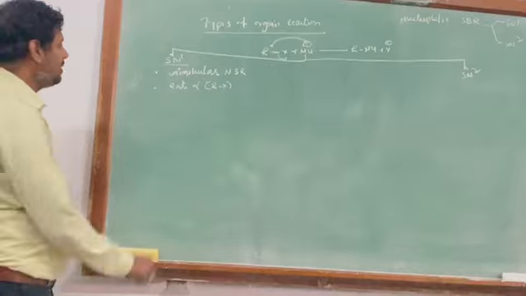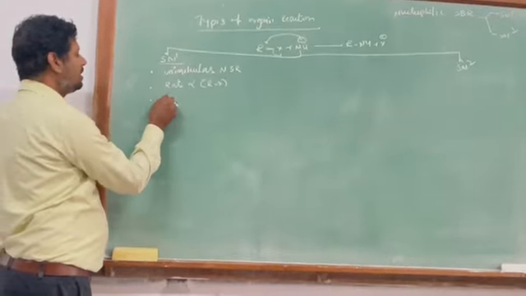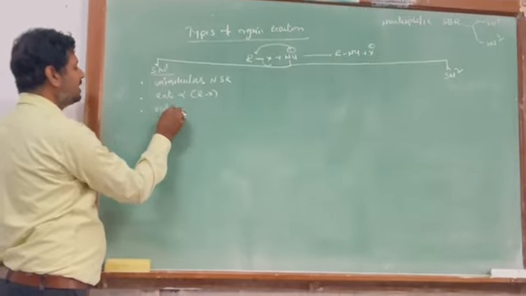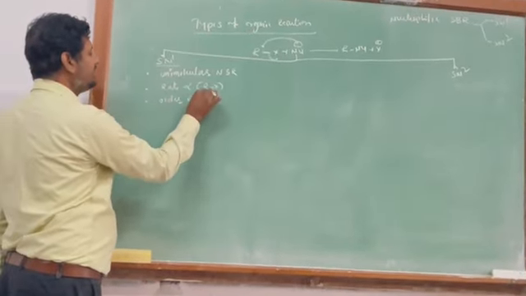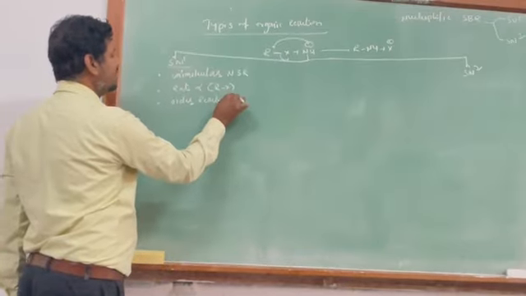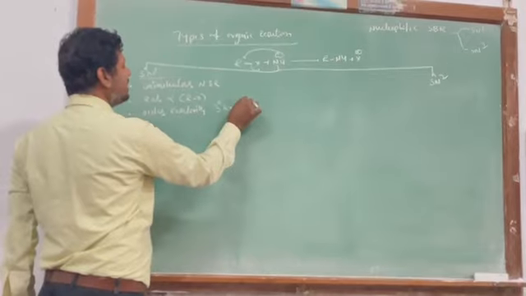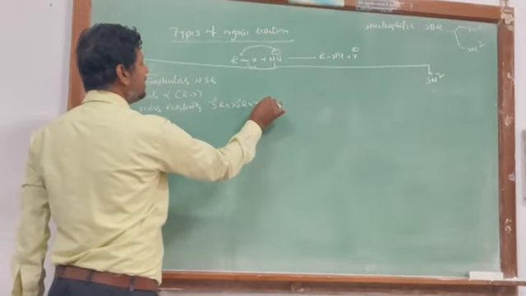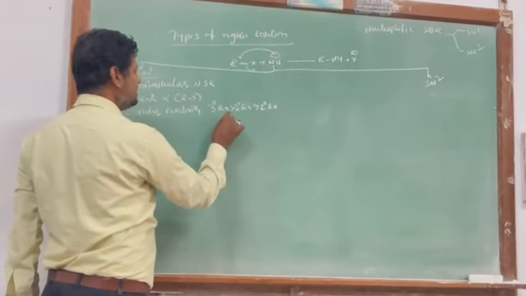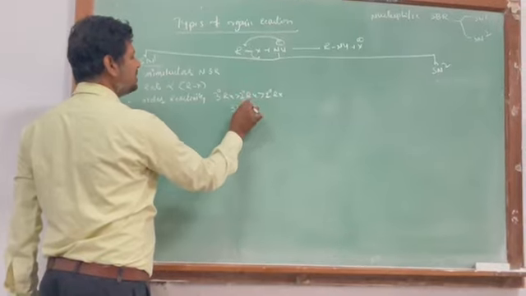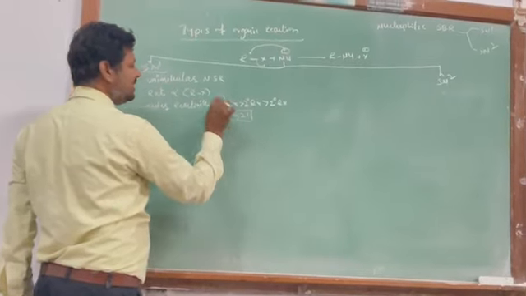The order of reactivity in SN1 reactions is tertiary alkyl halide, then secondary alkyl halide, then primary alkyl halide. It is just 3 to 1: tertiary, secondary, primary.